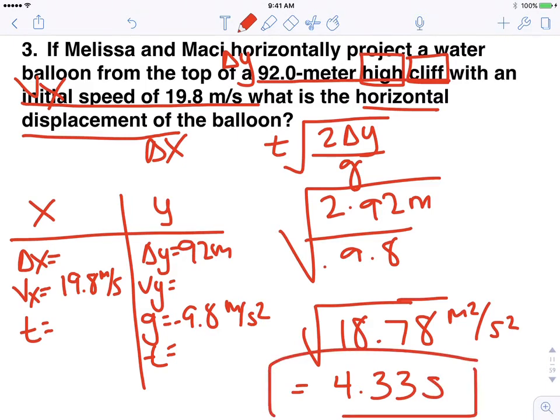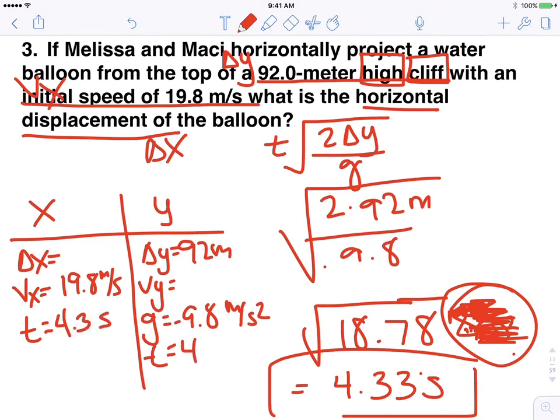I think maybe if I did the square root of this, then this would be meters per second, and that's not what this is. This top number is not squared. But is it meters per second squared? That's something I have to think about. Okay, just ignore the units for this one. The answer to t is 4.33 seconds.